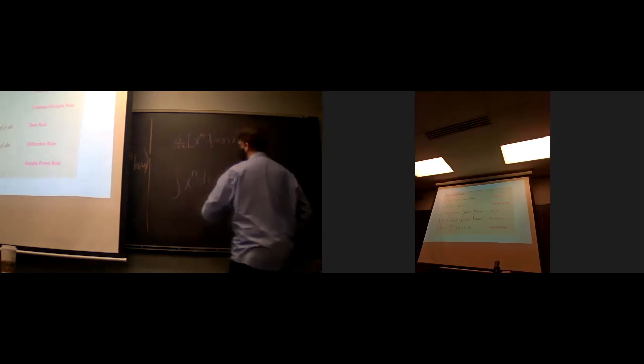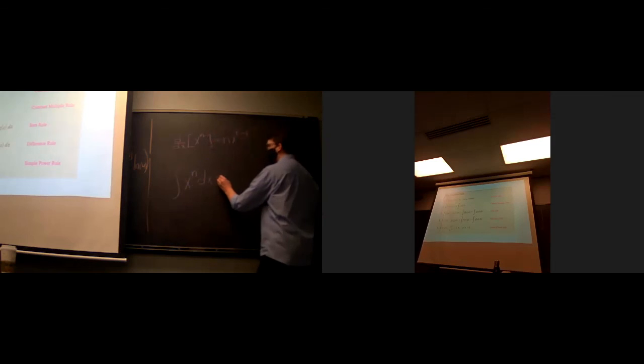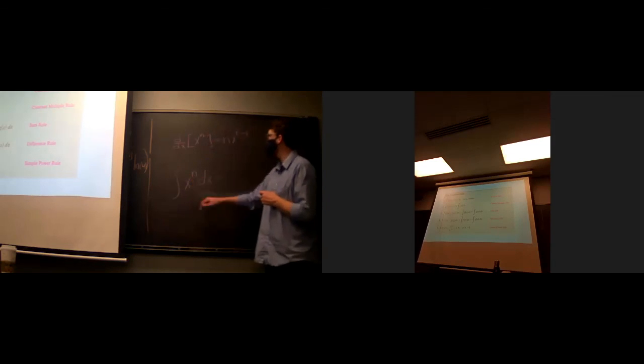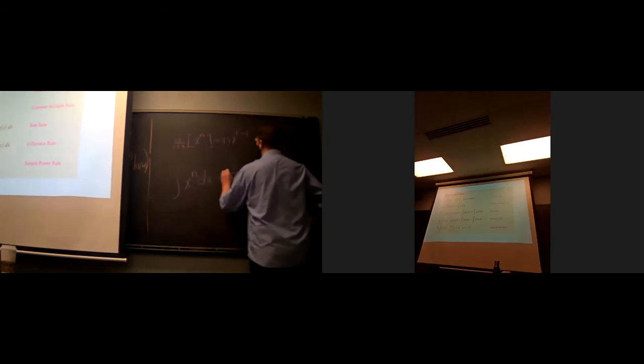Undoing it now, we're going to get that the integral of x to the n is going to be 1 over n plus 1 times x to the n plus 1, plus c.